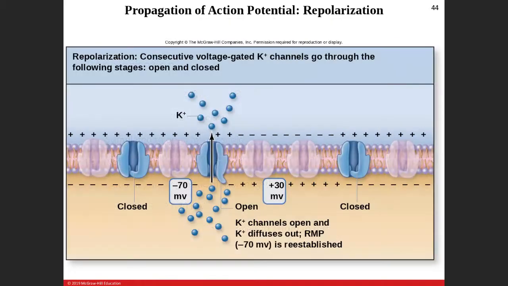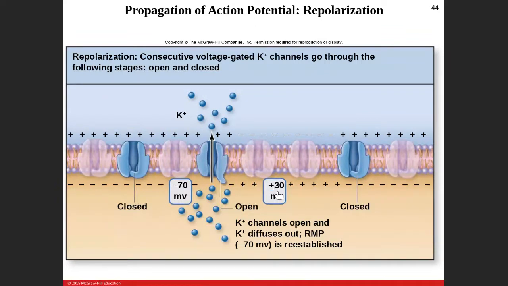There's this last term here. Let me show you a picture real quick. Here's the repolarization. You can see here's the resting potential, positive outside, negative inside. Now what we've done is we flipped it. It's more negative outside and more positive inside.